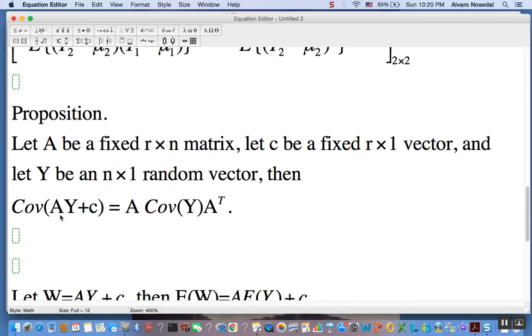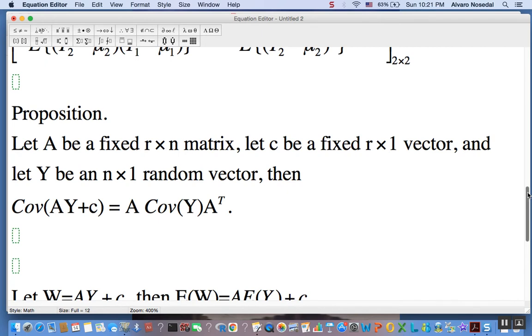We just multiply y by that matrix A, and then we add that vector of constants C. It turns out that the covariance of A times y plus C equals the matrix A times the covariance matrix of y times A transpose.